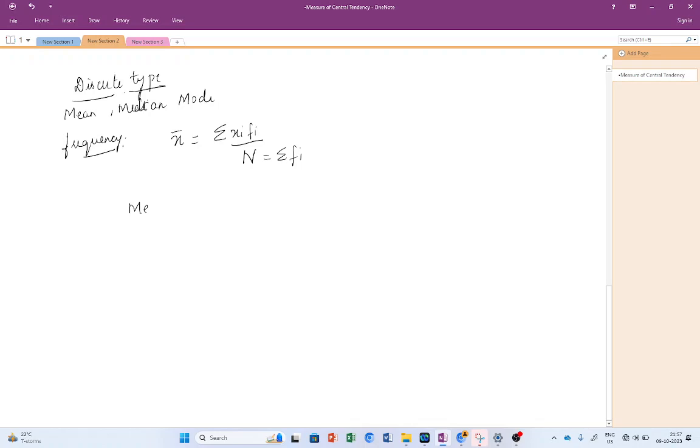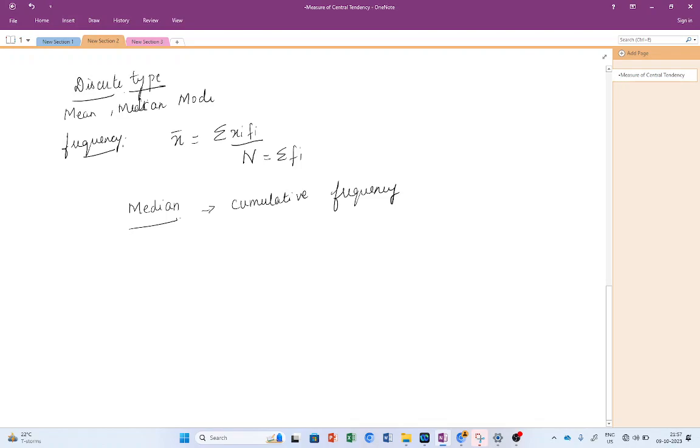Median, what you have to do is, here you cannot arrange in ascending or descending order, but you have an extra column for arranging it, which is called as the cumulative frequency. As you know, for median you have to arrange it in descending or ascending order. For a frequency table where you have a frequency in the given data, you cannot arrange it. For that you go for the cumulative frequency. So while doing the problem, I'll tell how this cumulative frequency is calculated. So after you find the cumulative frequency, keep it aside.